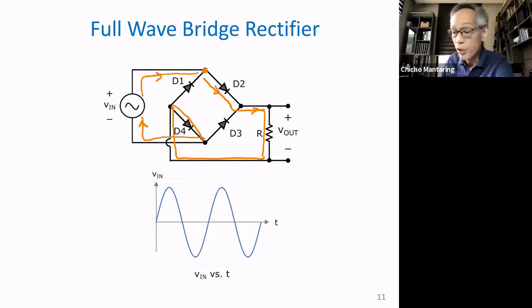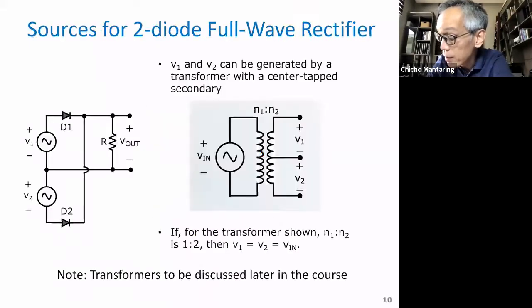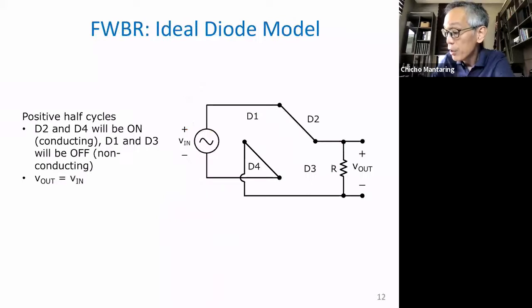So that's the direction of current flow during the positive half cycle. So this is the equivalent circuit assuming an ideal diode model, where we just replace now D1 and D4 with the model for a conducting diode, which is a short circuit. And D2 and D4.